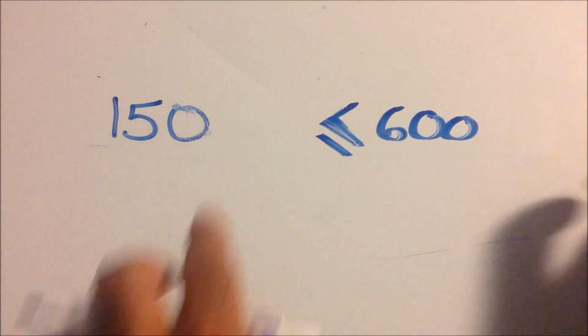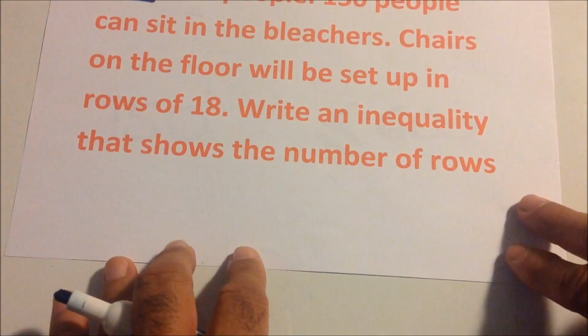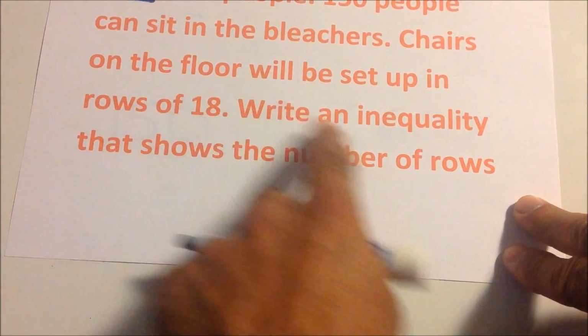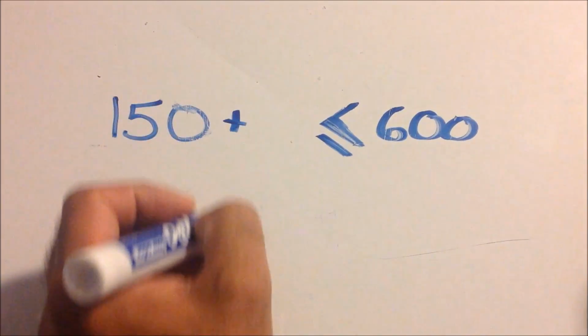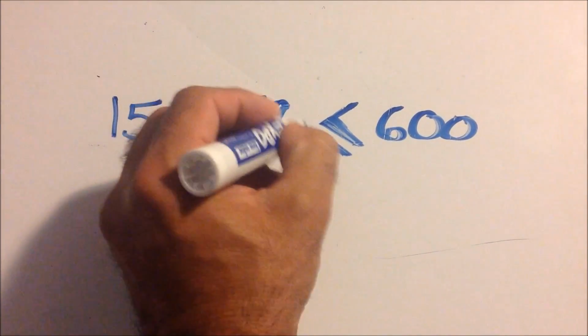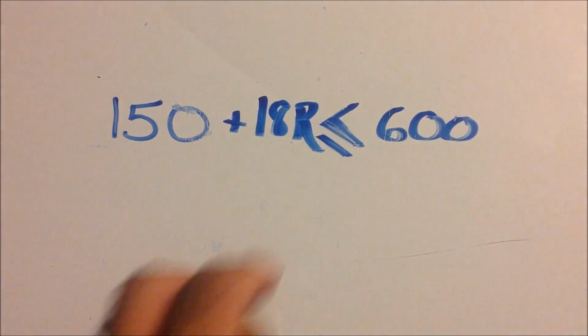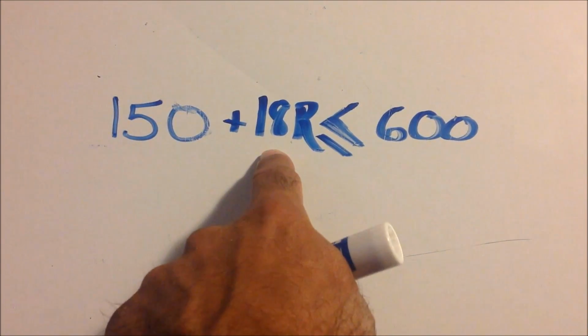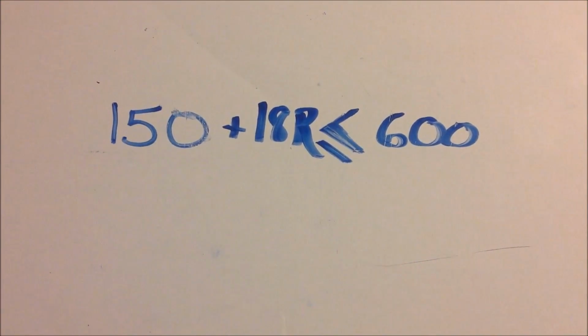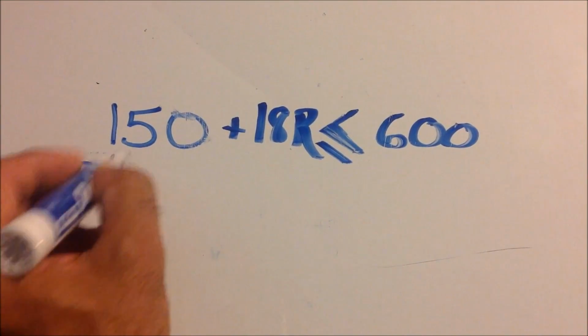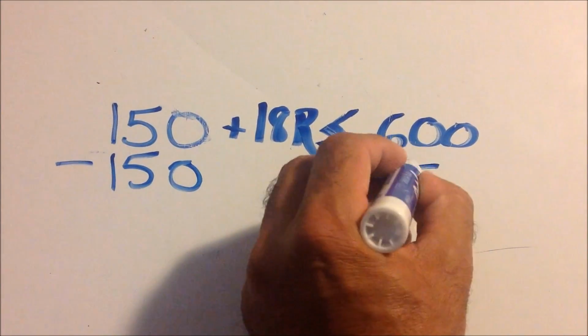Now we're just missing what's in here. So let's look at it. We have chairs set up, 18 in each row. So 150 plus 18 in each row. I'm using R for the variable. 18 chairs in each row. So that's how we set up the inequality. So now we can minus 150 on both sides.